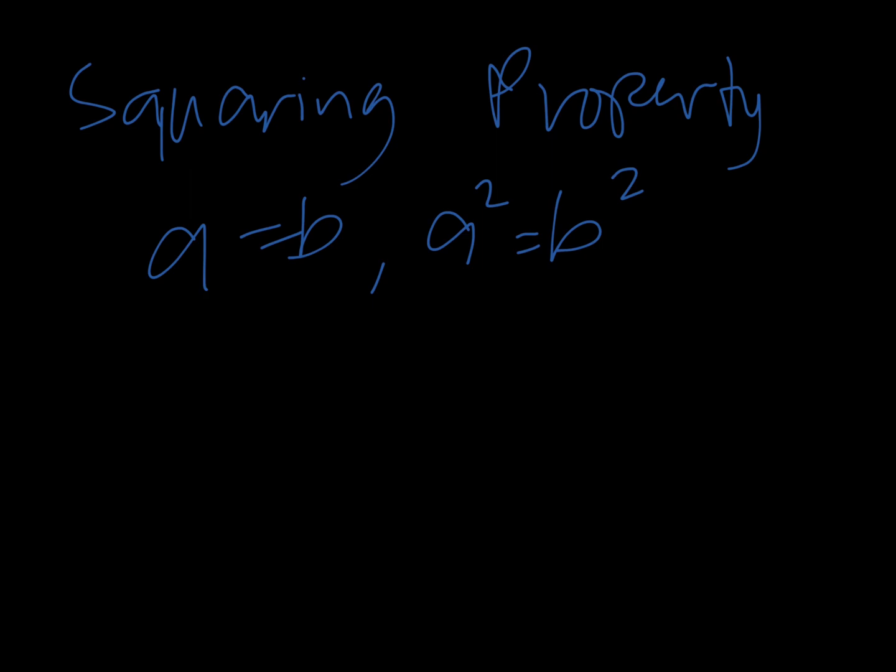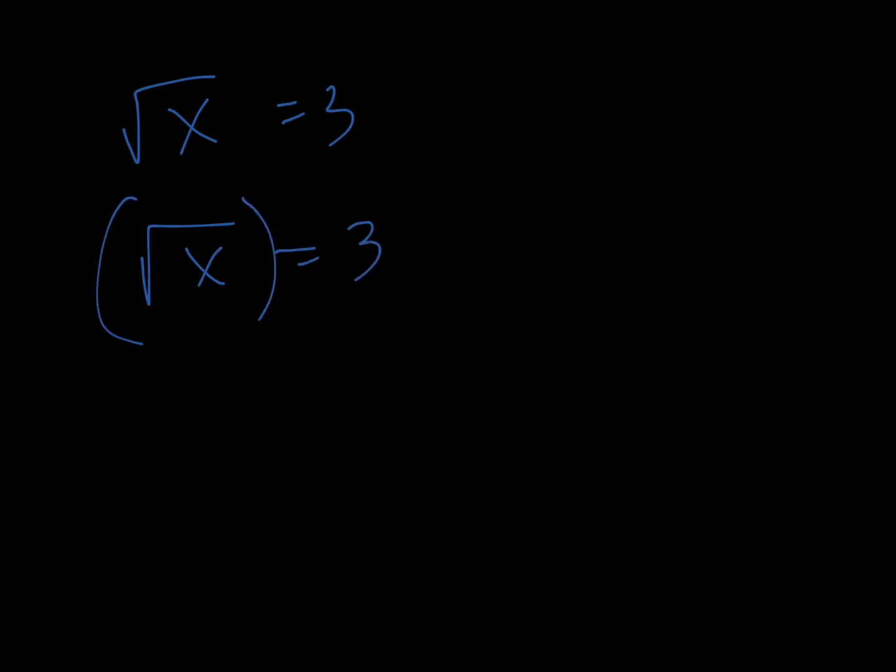To illustrate, consider that the square root of x is equal to 3. To solve this equation, square both sides of the equation. So we have the square root of x is equal to 3. Then apply the squaring property by squaring both sides.